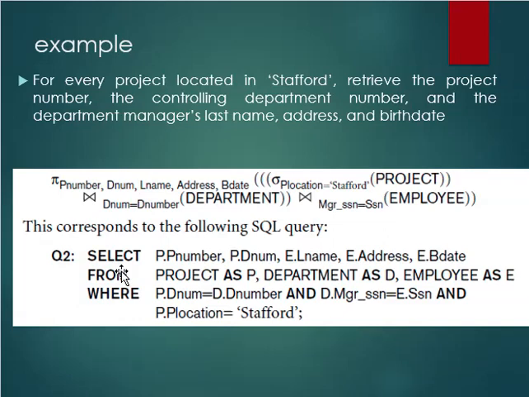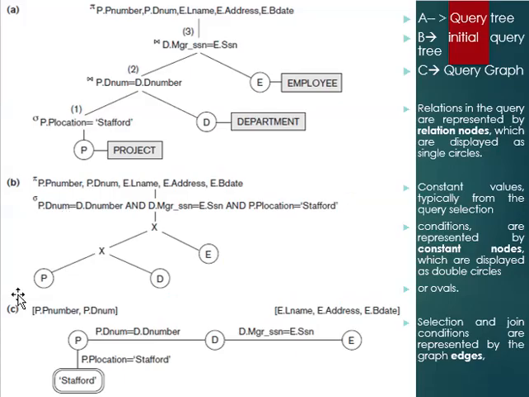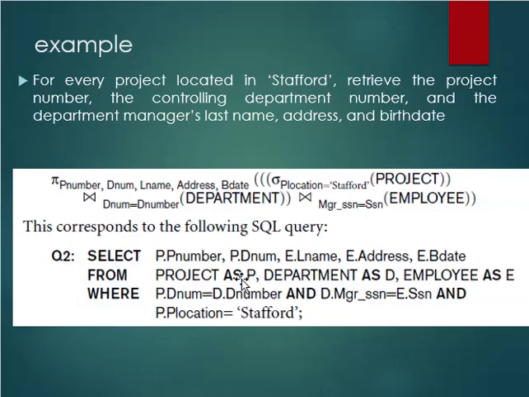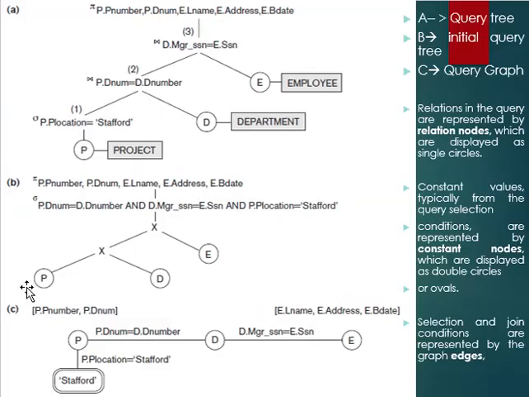Here you can see we represented all the tables as leaf nodes. Then for the internal operations, we know that we join project, department and employee, or P, D and E. So P, D, E become the leaf nodes, and at the higher level we cross P and D. Then at the next higher level we cross the resultant value with E. Then we do the select condition.